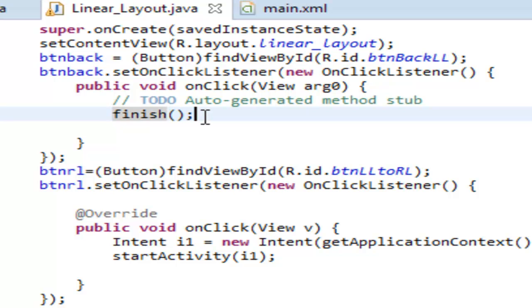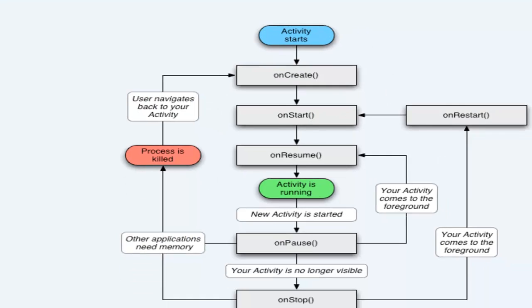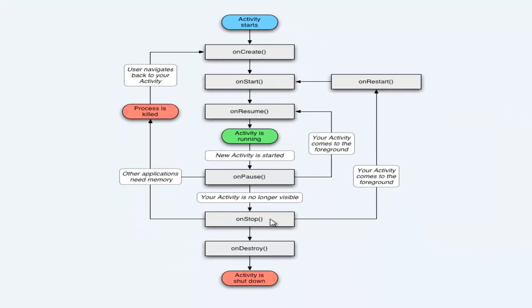So as and when the finish method executes, the lifecycle follows this way. onStop and onDestroy indicate that all the memory used by that activity is going to be destroyed, the process escapes, and the previous activity is shut down.